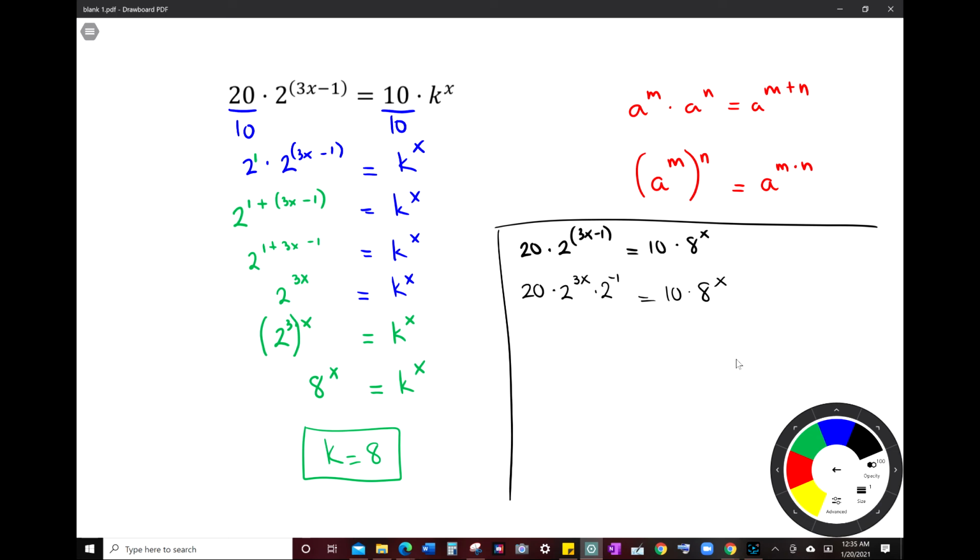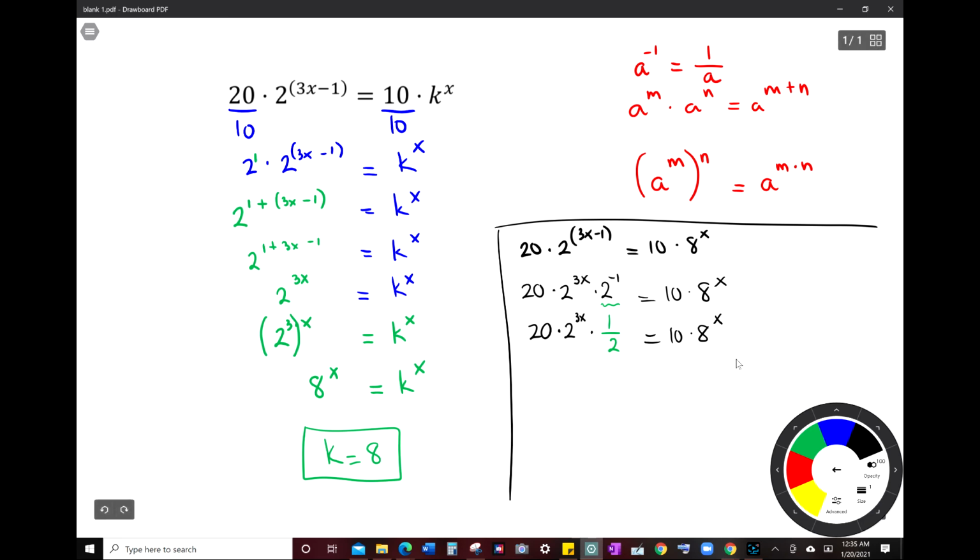And now you need to know a property that when you have a raised to negative 1, that means you have 1 over a. So now I can rewrite this one right here as 1 over 2. And I just bring down everything else. So 20 times 2 raised to 3x times 1/2 equals 10 times 8 raised to the x power.